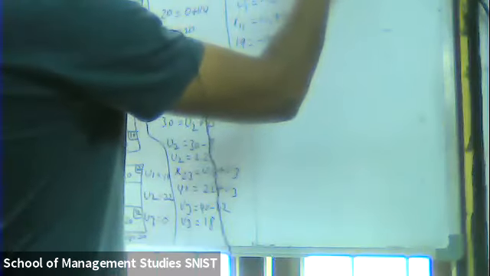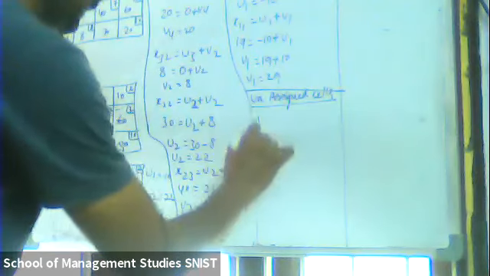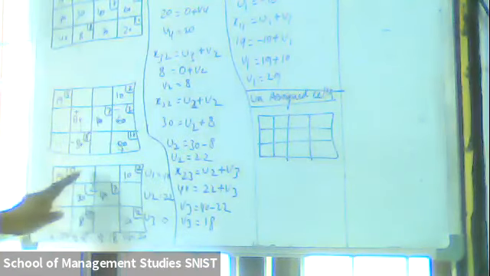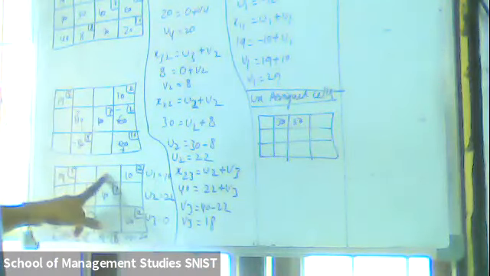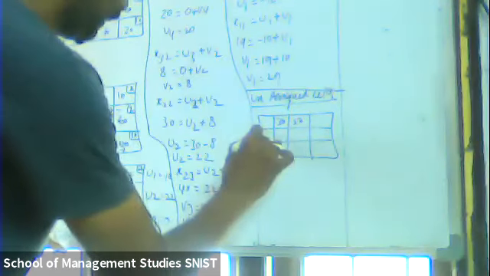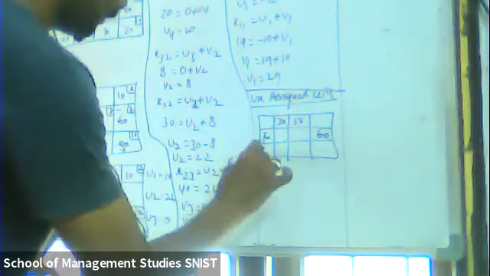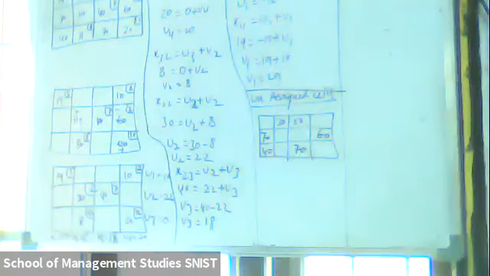Next step. Unassigned cells. Okay, so the unassigned cells which we have: this one which is 30 and this which is 50, that is x12 and x13, then x21 is 70, x24 is 60, x31 is 40, x33 is 70, right?